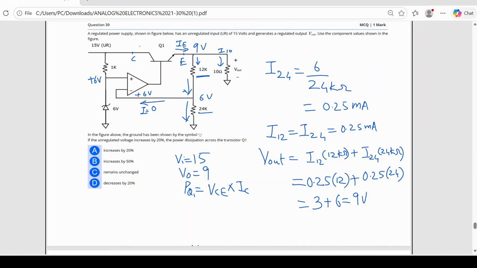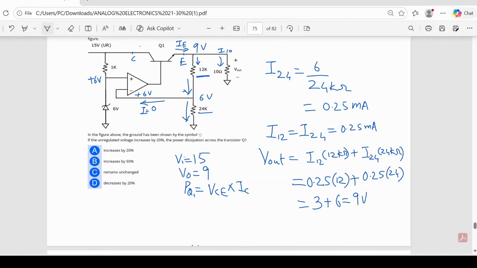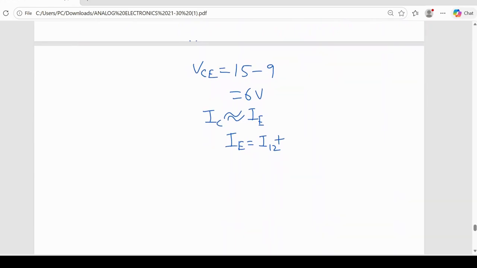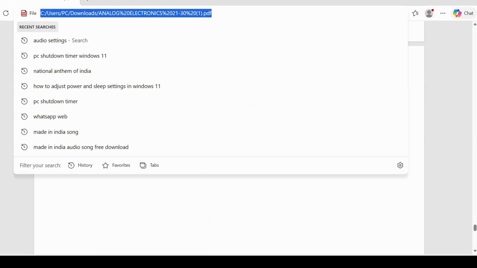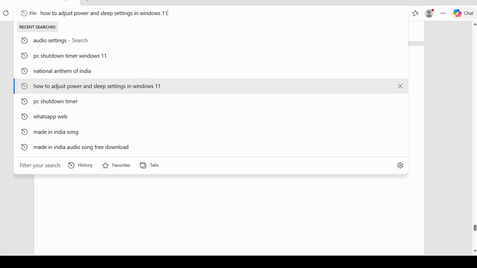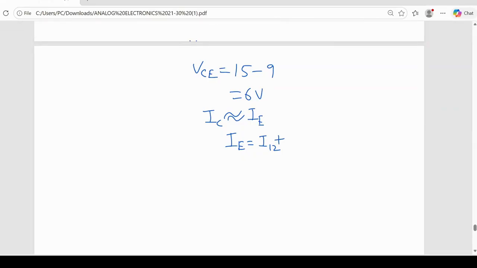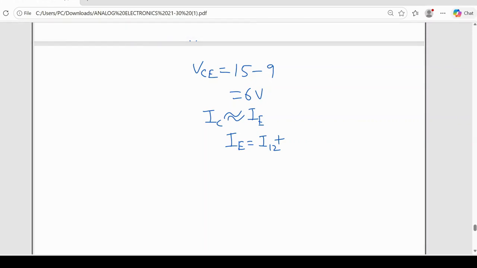So we have IE is I12 plus I10. I12 is 0.25 milliamp plus I10 is 0.9 amps.